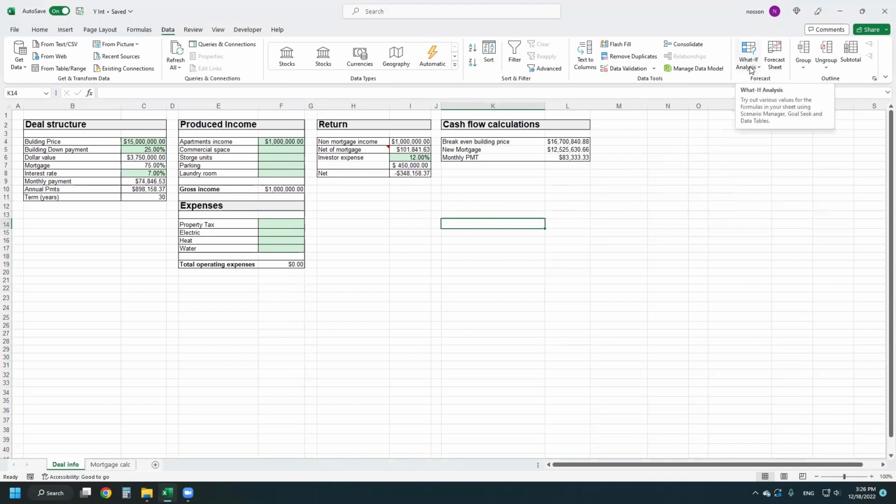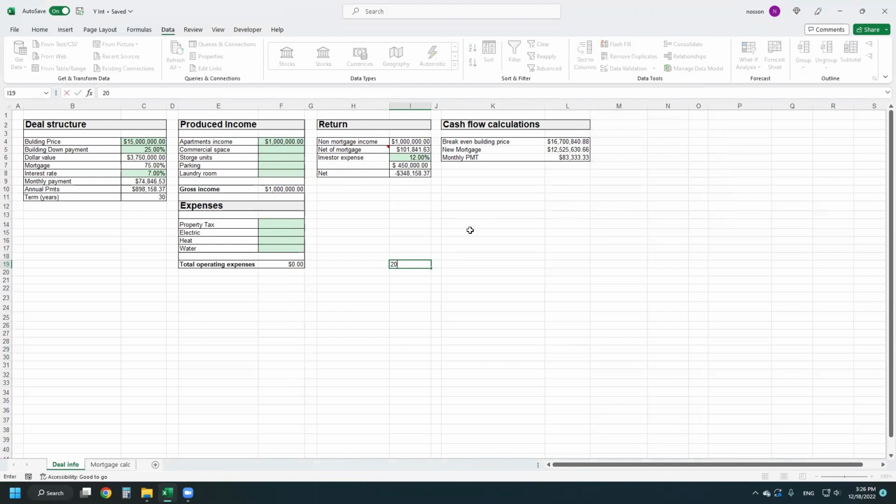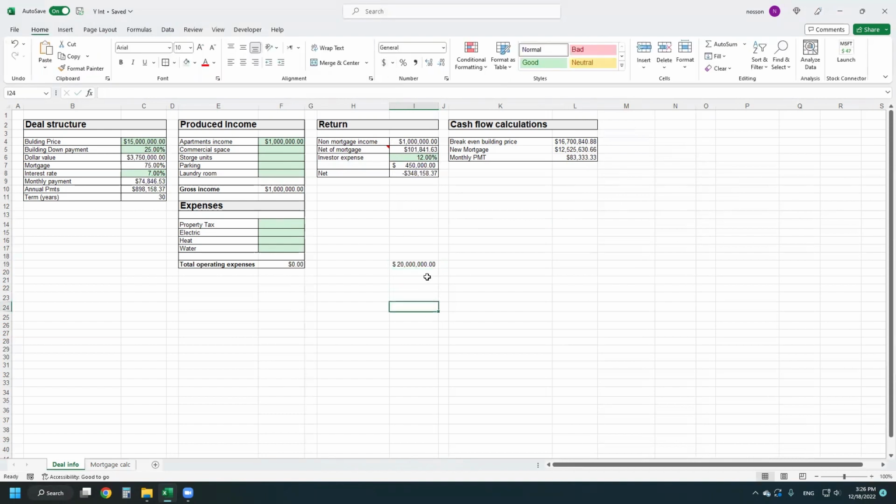So the step before Goal Seek is the data table. What's the data table? Let's say we have 20 million here. I can't count zeros. Yes. And we step it down by 1 million.